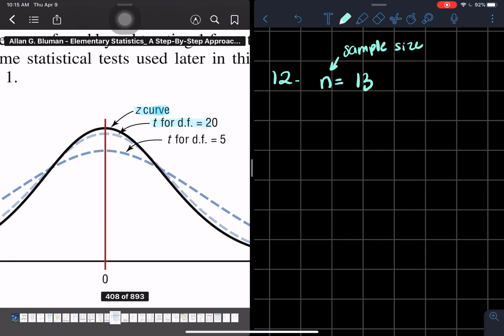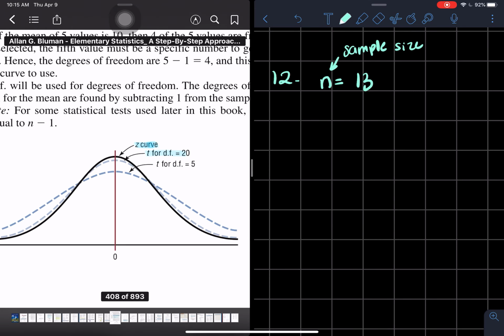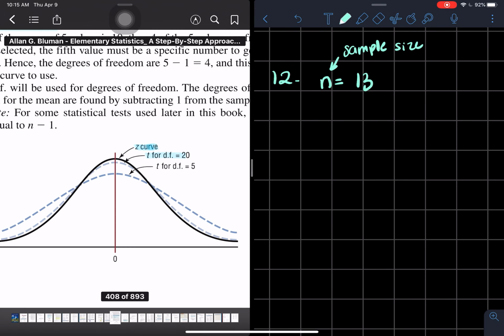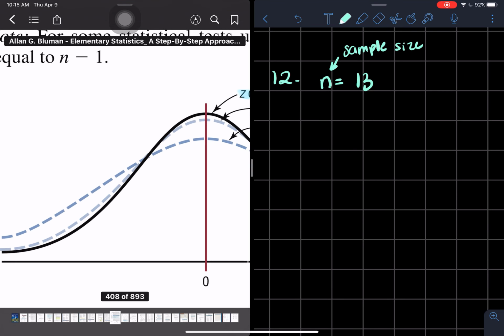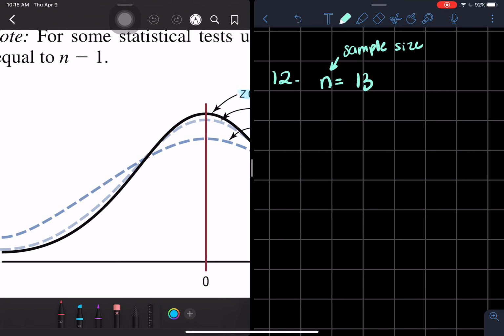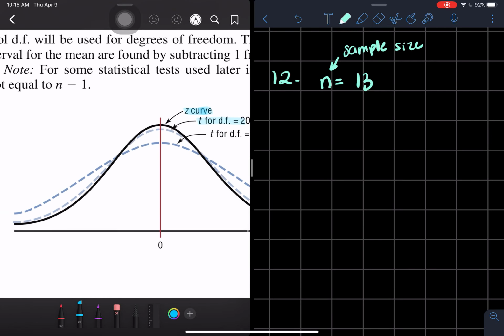However, the variance and standard deviation for t curves vary, because they depend on the sample standard deviation rather than the population standard deviation. As your degrees of freedom increase, it approaches the z curve. Look, when the degrees of freedom is 20, it looks more like the z curve, only a little bit above it.